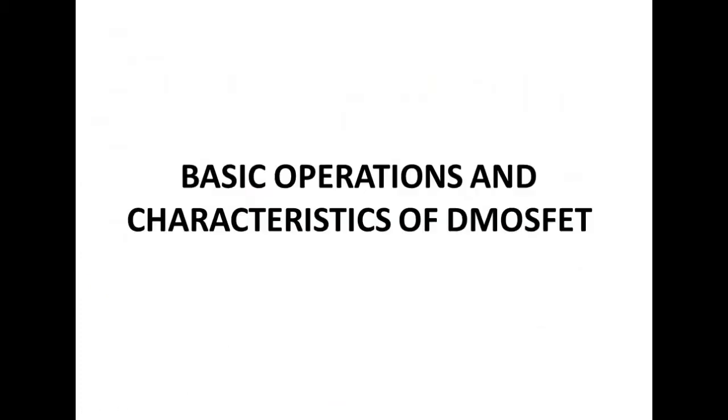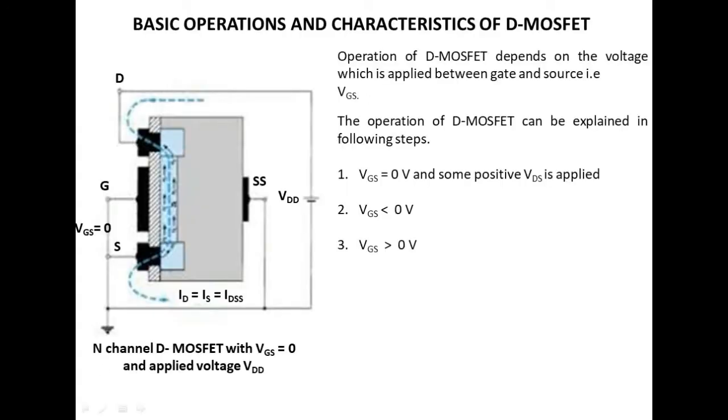Now we will discuss about the basic operations and characteristics of the D MOSFET. Operation of D MOSFET depends on the voltage which is applied between gate and source, that is VGS.